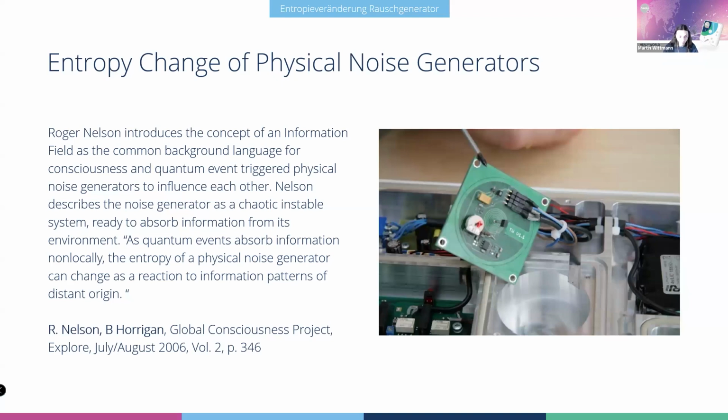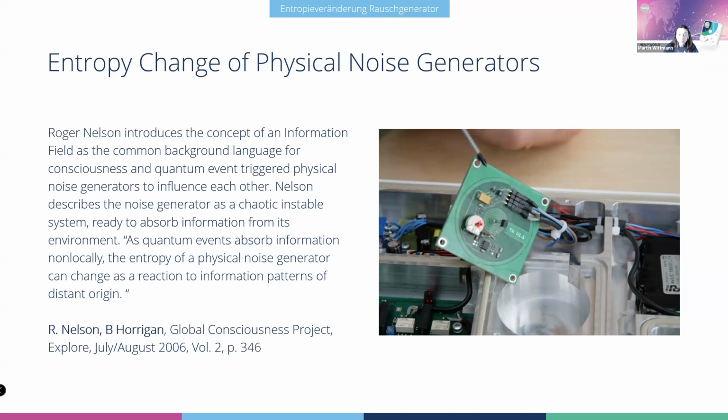That your consciousness influences such physical noise generators and the results that you basically get. Roger Nelson describes a noise generator as a chaotic, unstable system ready to absorb information from its environment, which means that the environment can influence the results of such a noise generator.